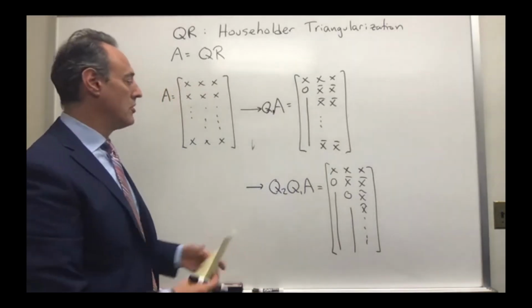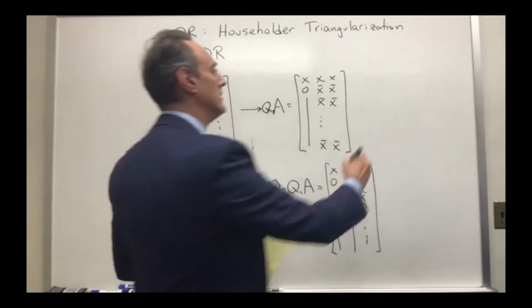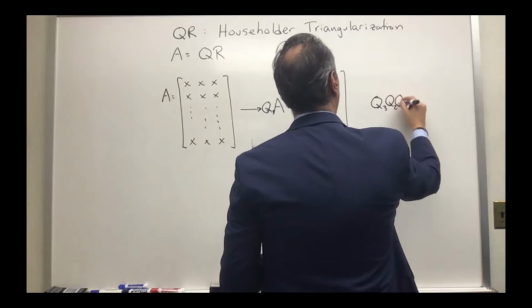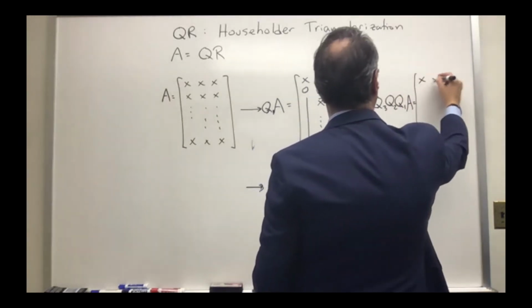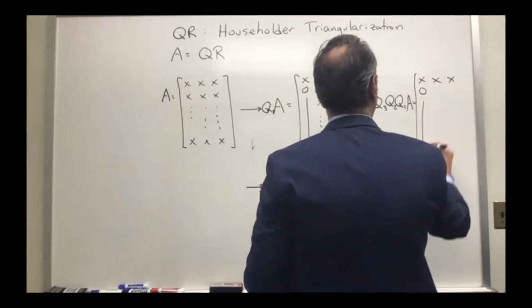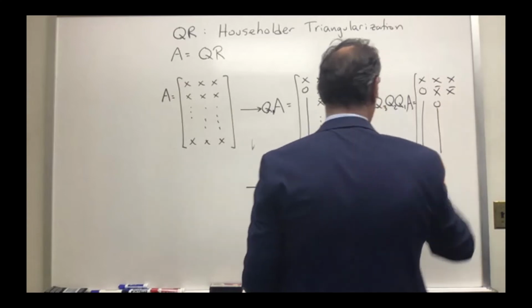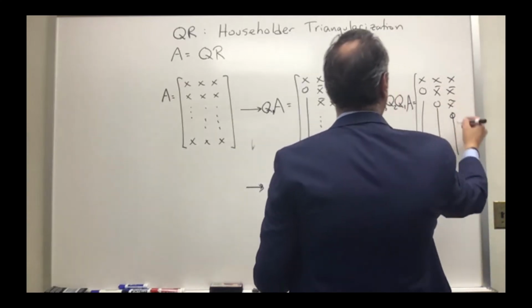Finally, what I want to do is hit it with matrix Q3. So Q3, Q2, Q1, A is equal to X, X, X, 0, X bar, 0, X tilde, and these are all zeros.